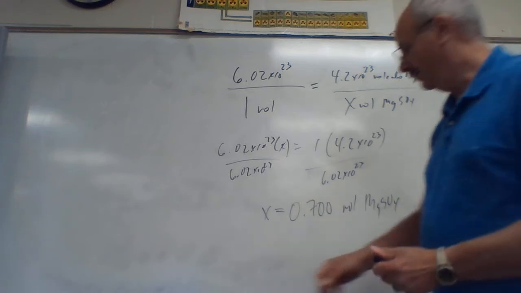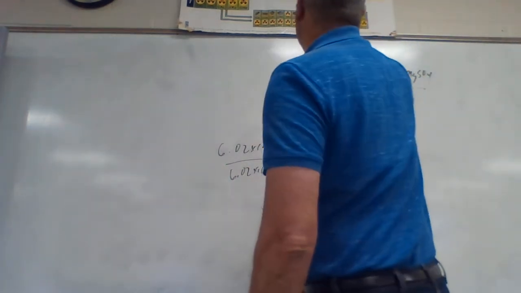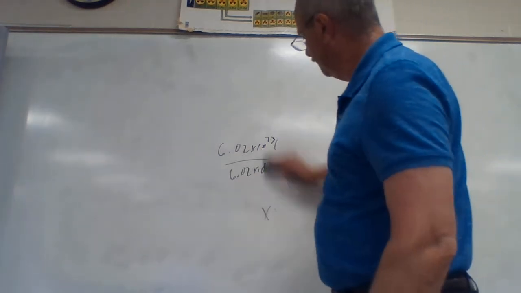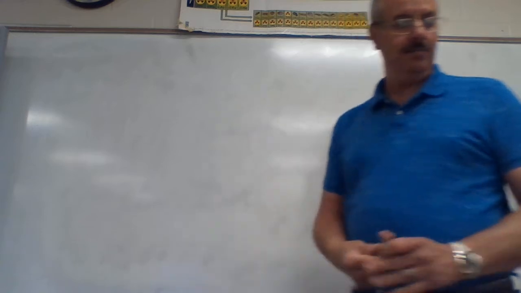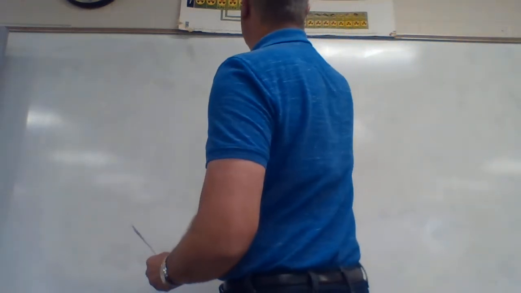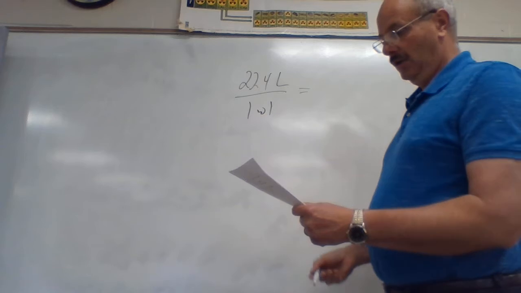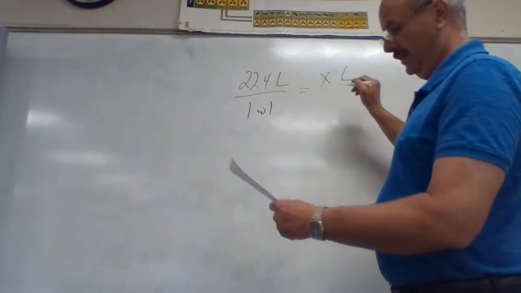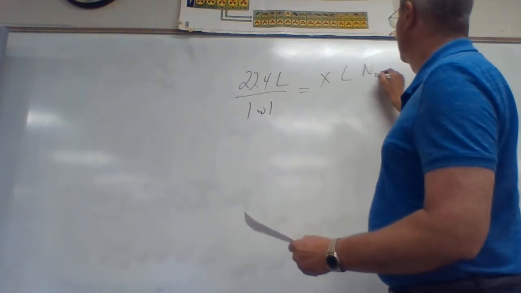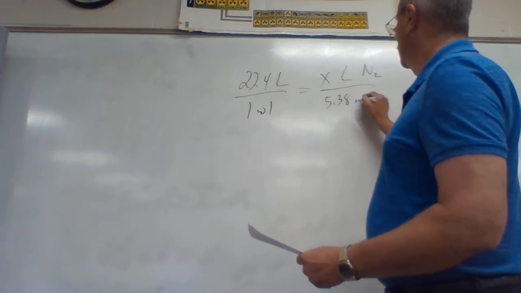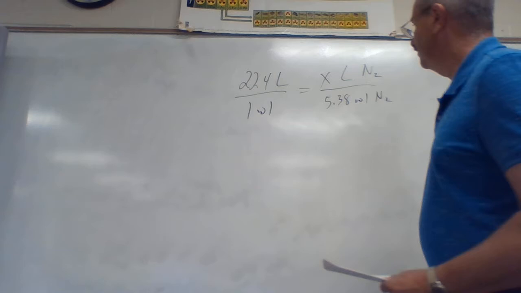All right, number 2. Number 2 is talking about volume. So because it's talking about volume, we've got to use the 22.4. So there's 22.4 liters per 1 mole of any gas. So it doesn't even matter which gas it is. But then we're trying to find out X liters of nitrogen, given that we have 5.38 moles of nitrogen gas.